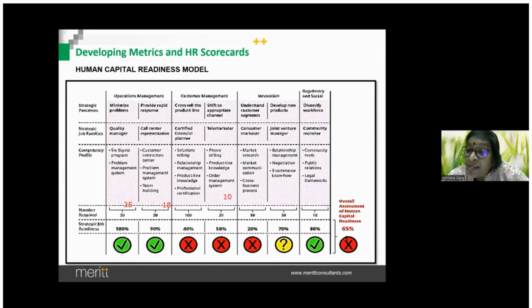So organizations don't do this human capital readiness index for all the positions. They only do it for critical positions, those positions which drive the business drivers and create huge impact and effect.